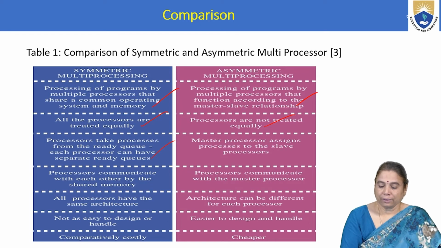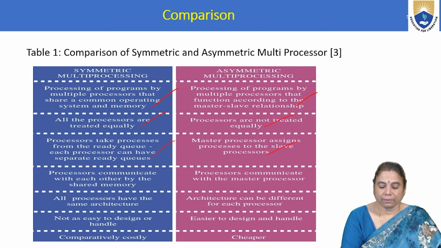A process in the ready queue has all the resources supplied so that it can execute. But in asymmetric systems, the master processor assigns processes to the slave processors. Only the master processor employs the ready queue, so that depending upon the ready queue operation, the master processor can give instructions to the slave processors in asymmetric multiprocessing systems.